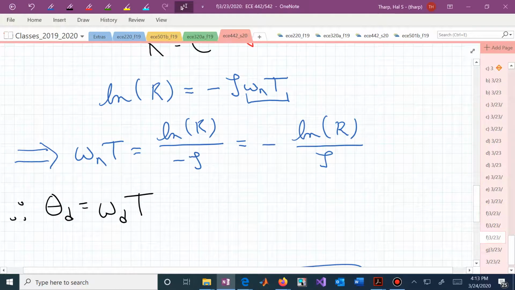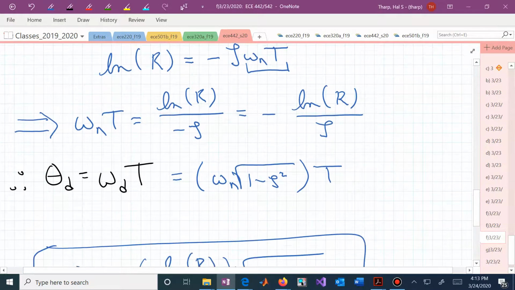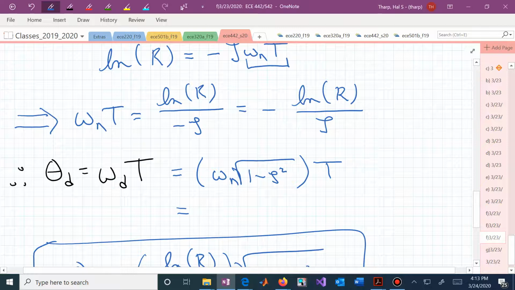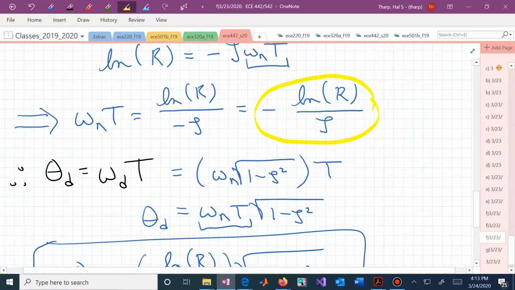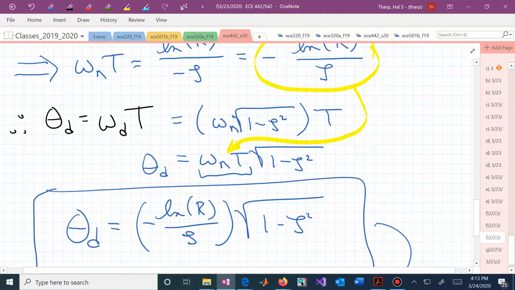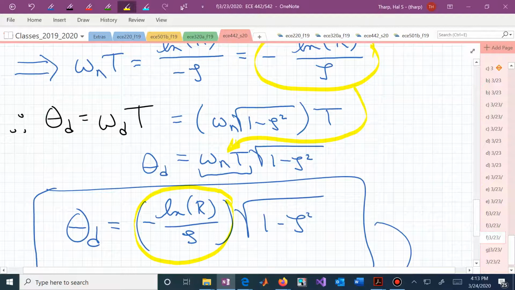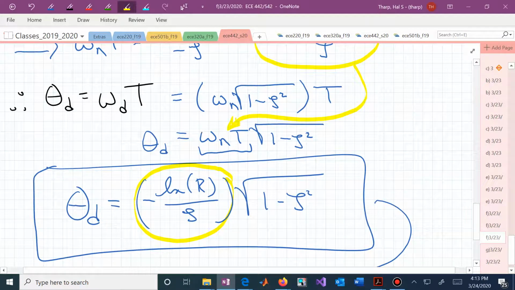Remember, omega sub d was omega sub n square root of 1 minus zeta squared, times t. We can pull the t into a different location in that expression, and now you can see that omega sub n t is right there. That's theta sub d, but we already have an expression for omega sub n t in terms of r and zeta. So if we plug that in here, that's omega sub n t times the square root of 1 minus zeta squared.